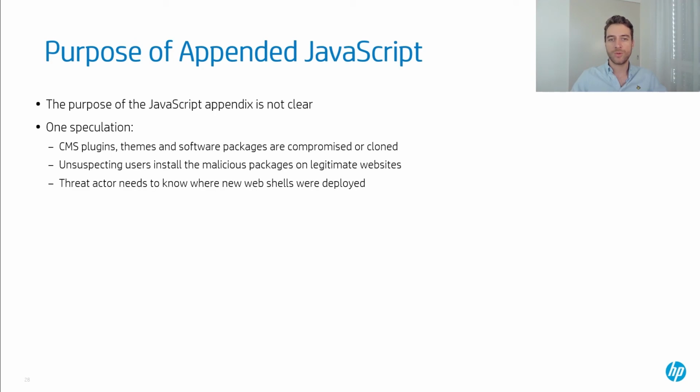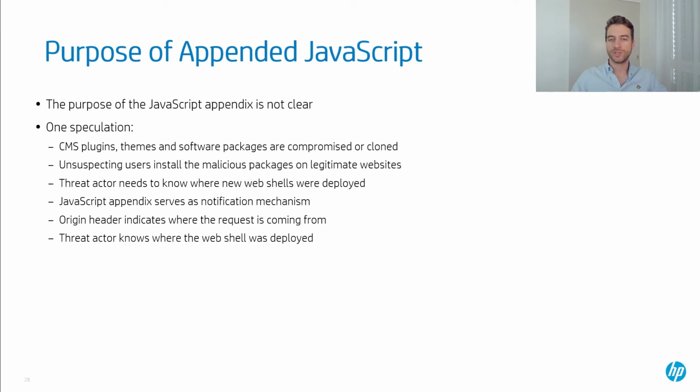The threat actor, however, has no clue about this web shell yet and needs to get informed. If now someone browses to this new website, the JavaScript is executed and makes a GET request to the defined URL. The JavaScript therefore serves as a notification mechanism for the threat actor.